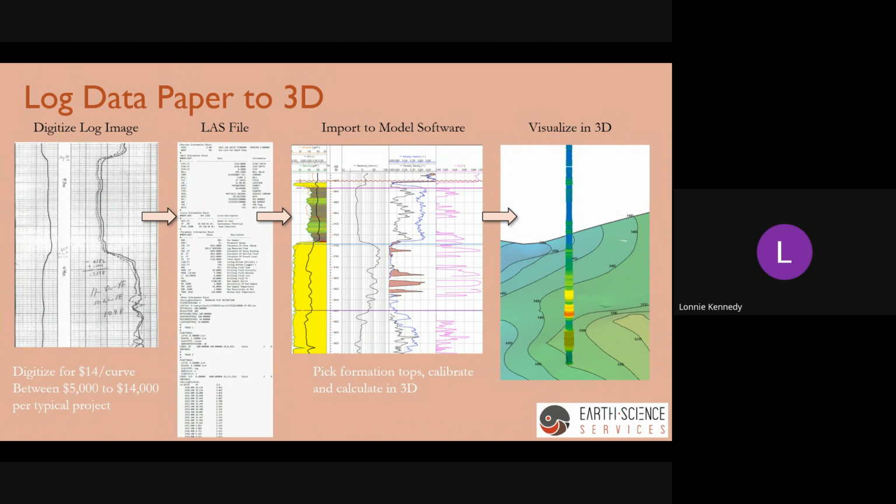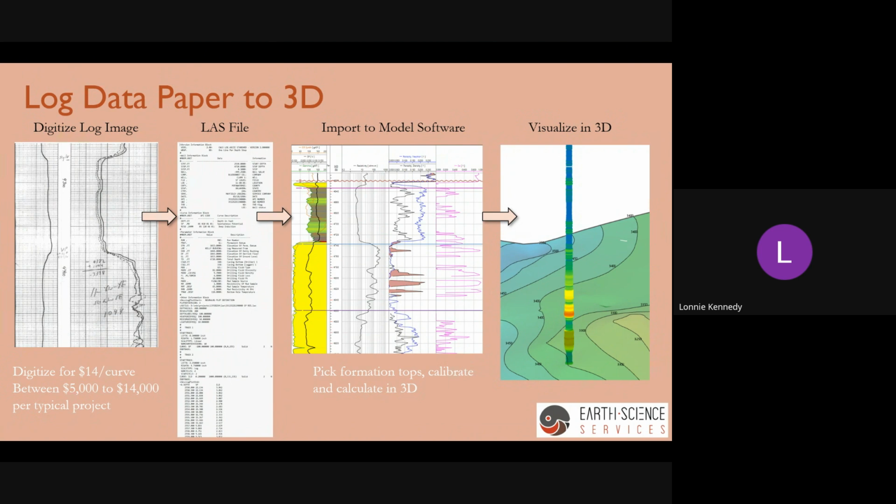And so now you're able to do this type of representation where you've got gamma ray, resistivity, density porosity, neutron porosity, hydrocarbon saturation, plus whatever other curves you want to display. Those get dropped, for each well, into the three-dimensional model. So here, this is the same well in the three-dimensional model, and now there's the structure that was generated for it.